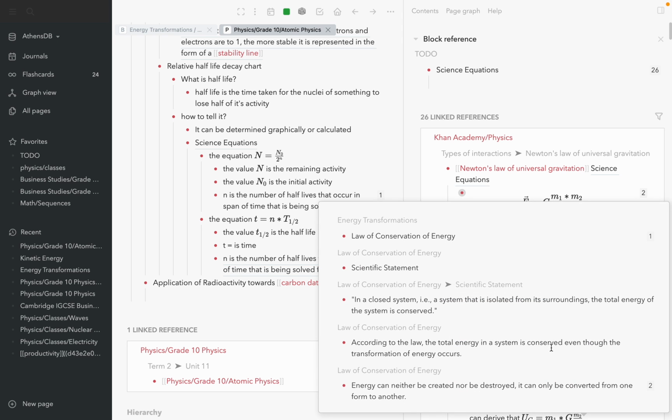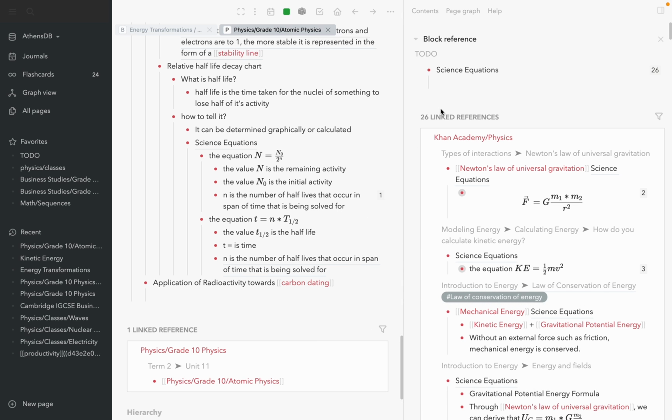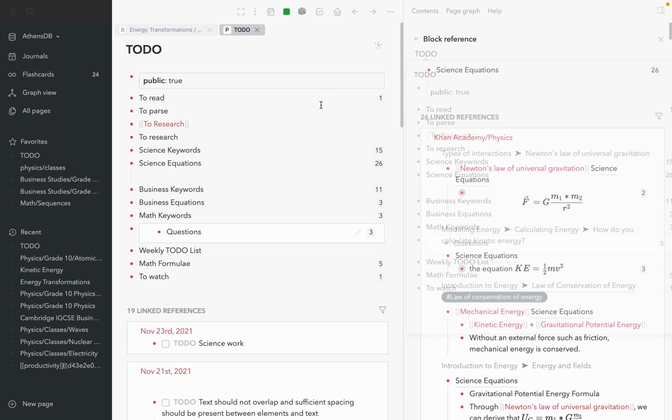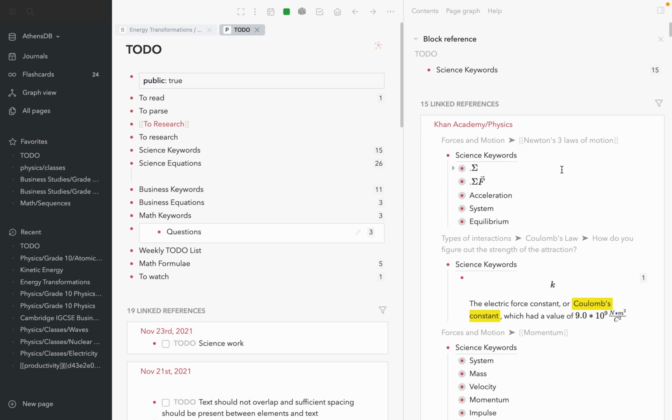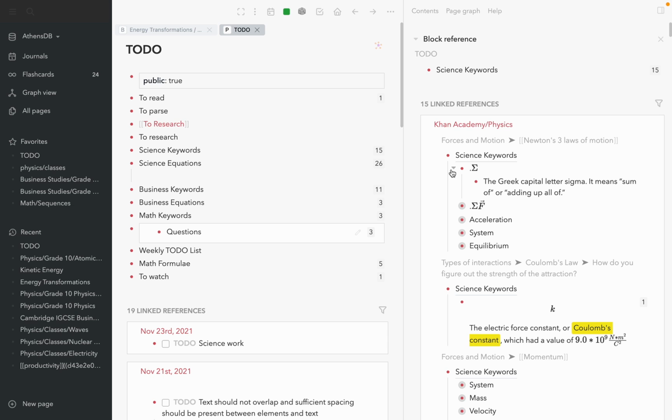Normally, if you're using a pen, paper, notebook style thing, you would usually have a glossary, right? Now this is literally a glossary in its own right. And I've created similar things for various other things. For instance, I've created one for science keywords as well. So I link to the general keywords here like acceleration, system, equilibrium, sigma.